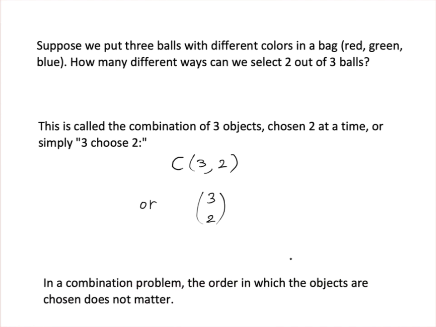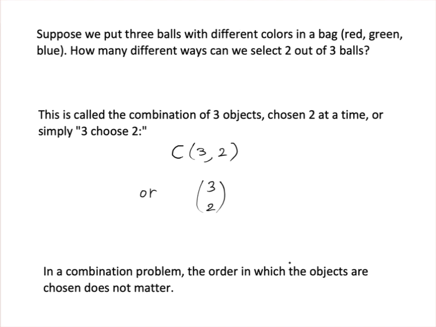And in a combination problem, the order in which the objects are chosen does not matter. It doesn't matter whether the red ball is picked first or the blue ball, but we pick 2 out of 3 in this problem. And what is the answer to this question?